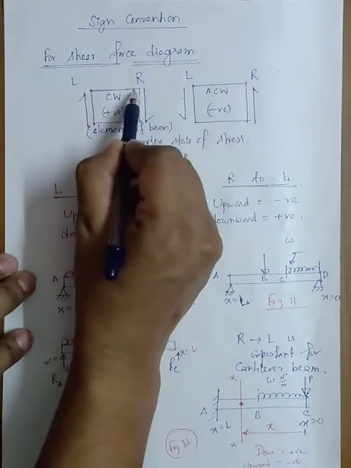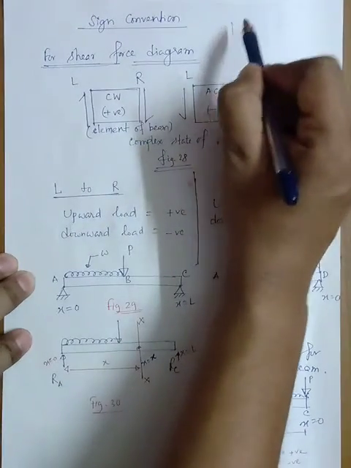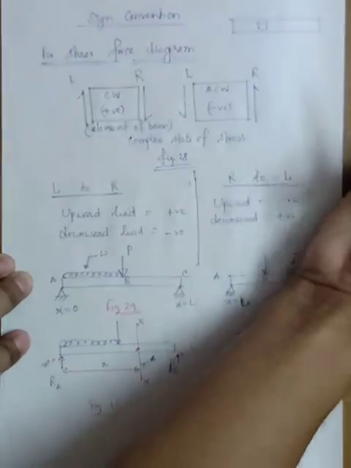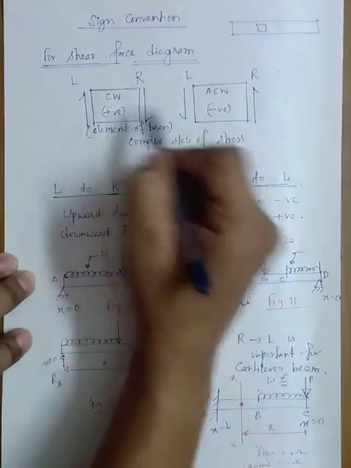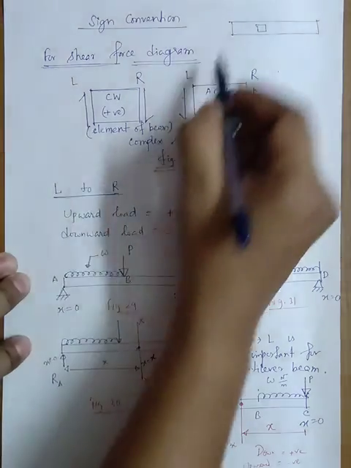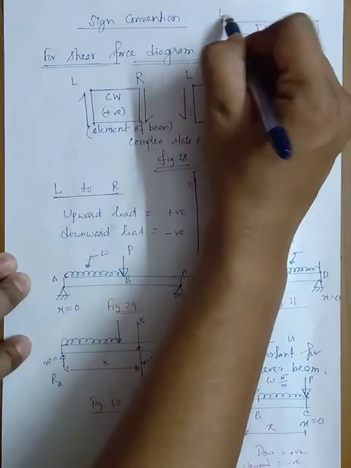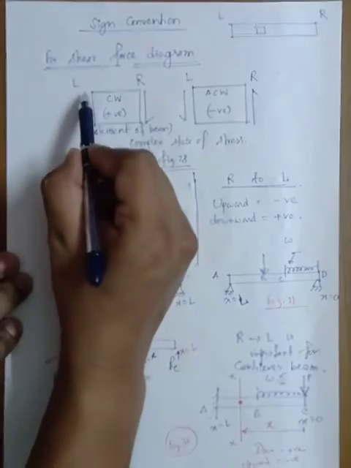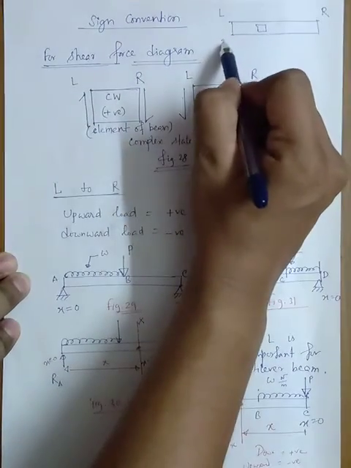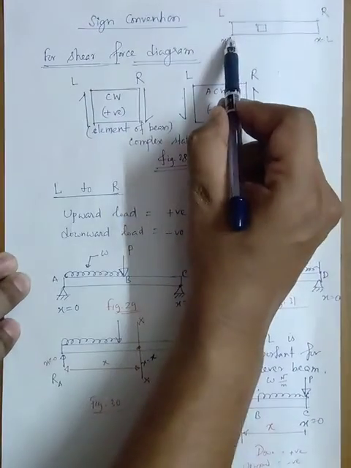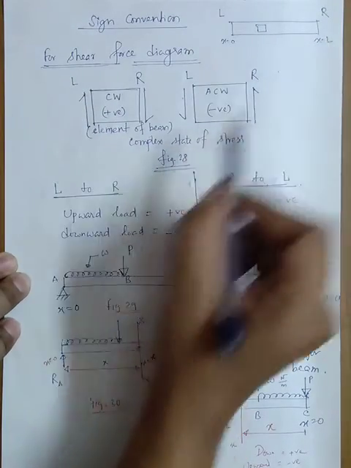So let's say this is the beam, and this is one small element. These are nothing but small elements. One beam will have a left hand side and a right hand side. If you take x equals to 0 and x equals to L, then you are moving from the left hand side to the right hand side of the beam.